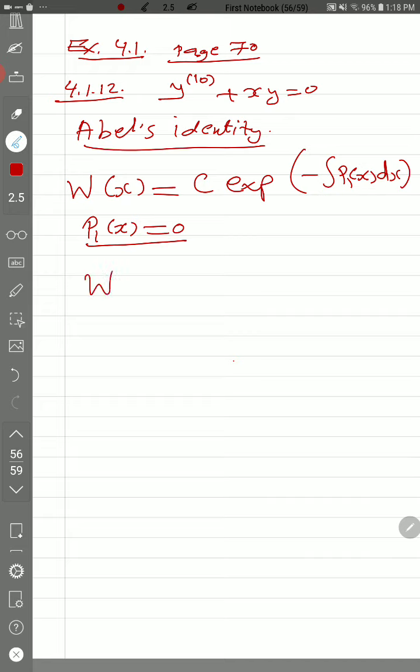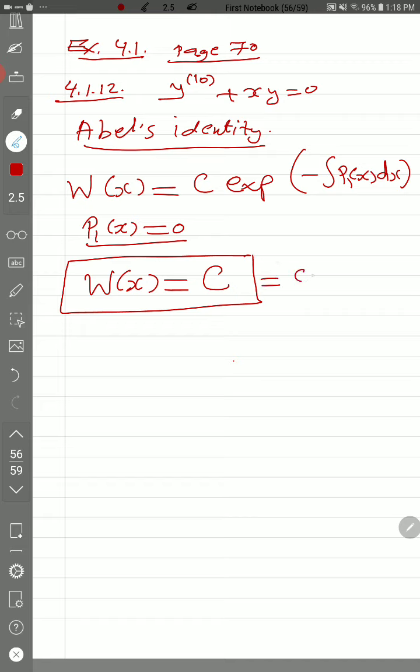So your Wronskian is very simple. Here it is 0, so e to the power 0 will be 1, so it will be just a constant. So your Wronskian is constant. Okay, this is one.